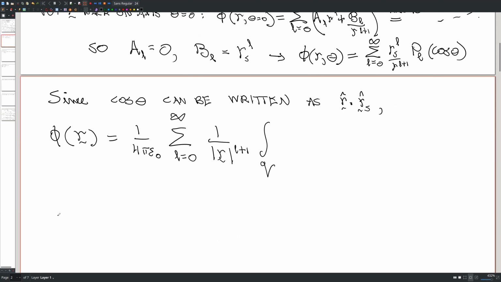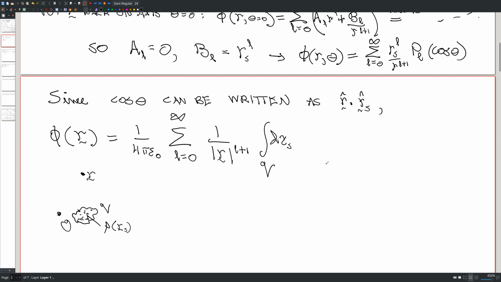Let me draw this. I have my origin here, and a blob with charge density rho at a certain r_s, where r_s is now living inside this blob full of charges. I've got my observation point here, further away from the origin than any charge within this distribution. That's my volume V. So I integrate over this whole volume of source charges, d tau source.